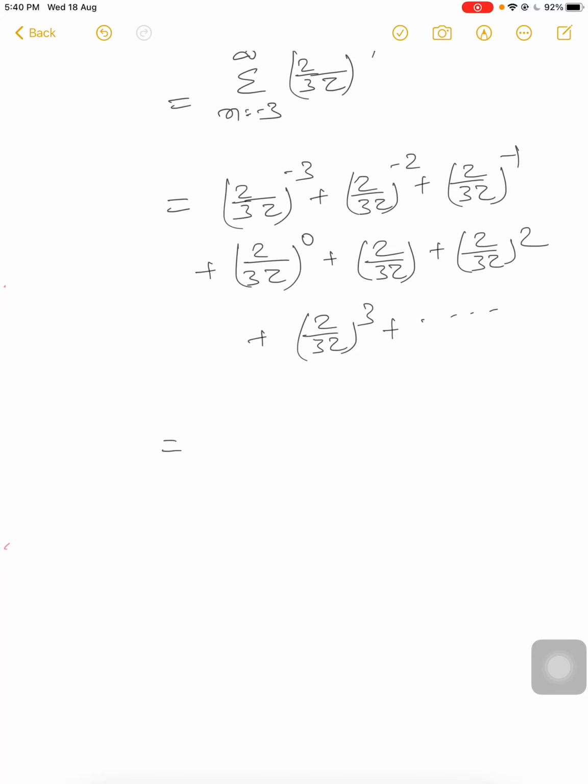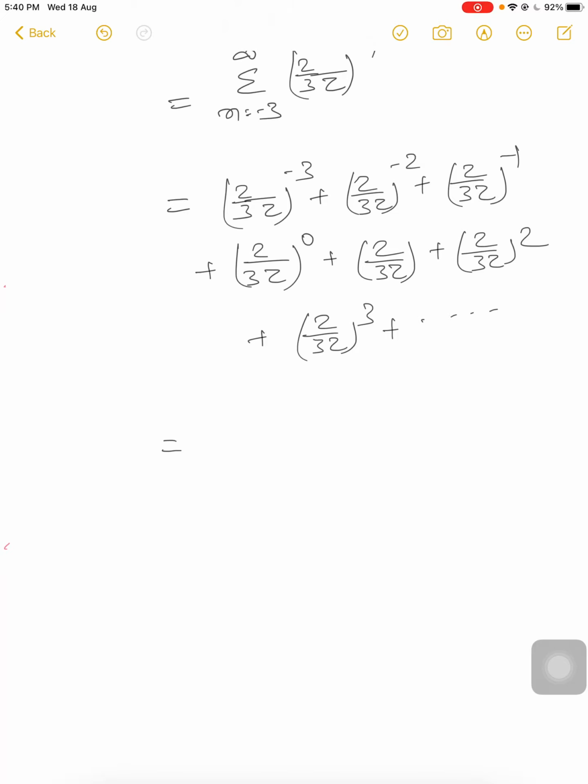Check the first term: the first term is (2/3)^(-3) z^3. And what is the common ratio? The common ratio is (2/3) z^(-1).